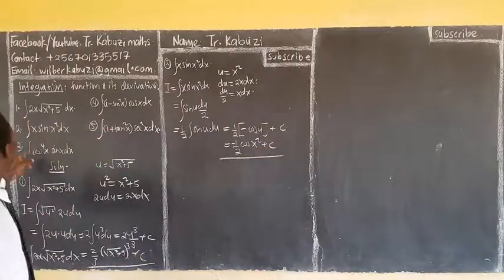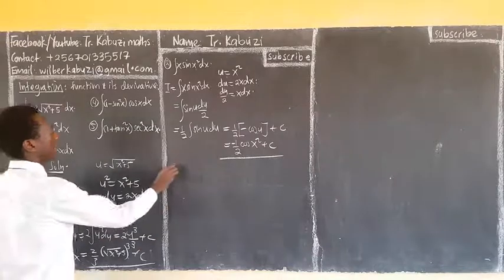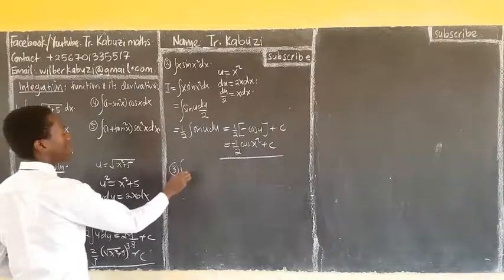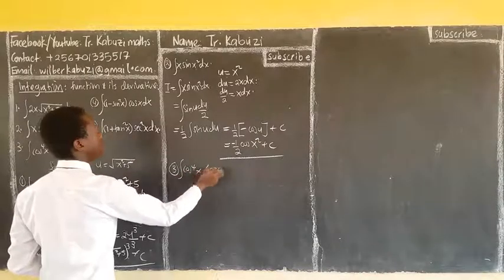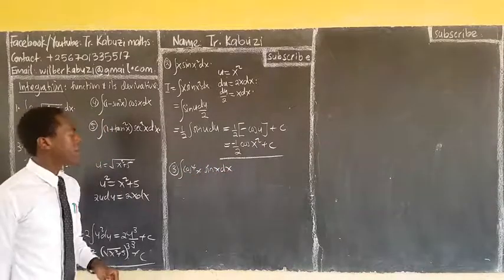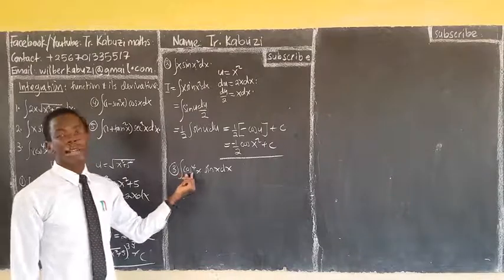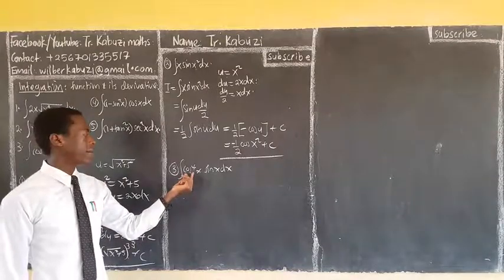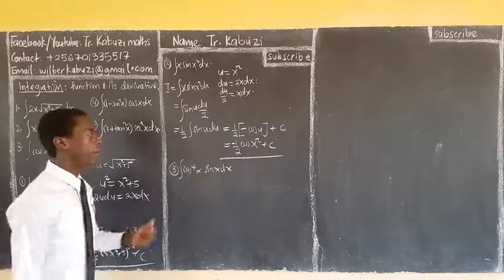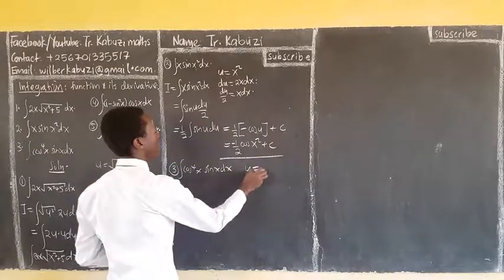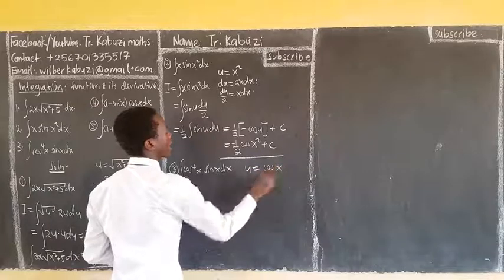Then, when I come to number 3, I have the integral of cos power 4 x, then sine x dx. Now you see that the one with the big power is always where we have a problem. So if I start with a different cos, I get sine, so it's better to let u be cos x.